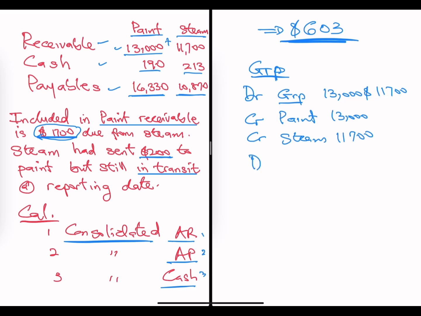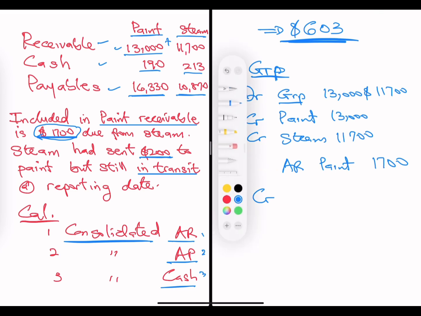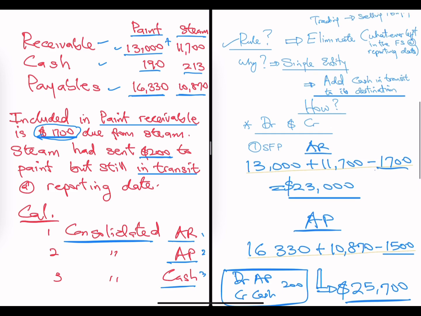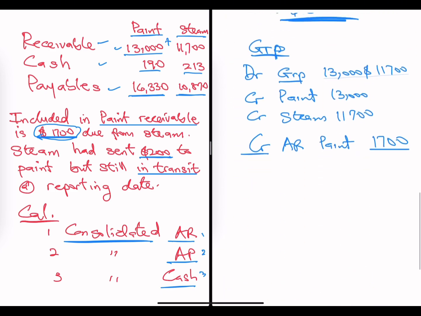Which means we're going to credit account receivable of Paint 1,700, because we are removing it. Remember, account receivable is a debit balance, so to remove it, we need to post the opposite entry to reduce it. That's why it's a credit to account receivable of 1,700, and that is the minus that you are seeing here.